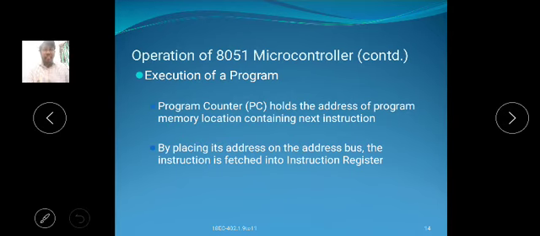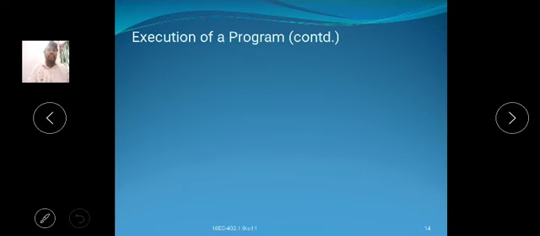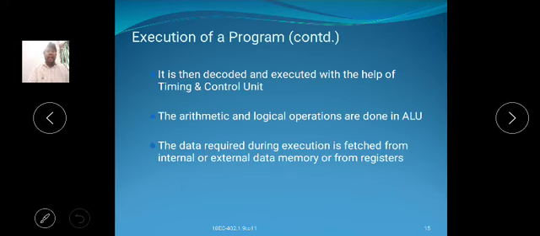By placing its address on the address bus, the instruction is fetched into the instruction register and it is then decoded and executed with the help of the timing and control unit. The arithmetic and logical operations are done in the ALU.